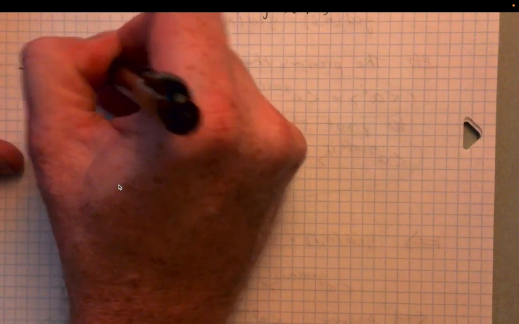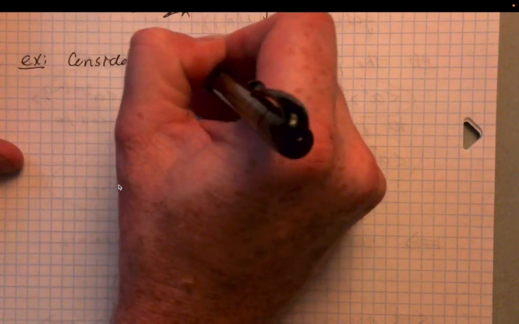Okay, so to see the power of the theorem, let's use them to find all the generators of the big cyclic group U50. So we're going to consider U50. I'm not going to list all the elements of U50, but again, this is multiplication mod 50.